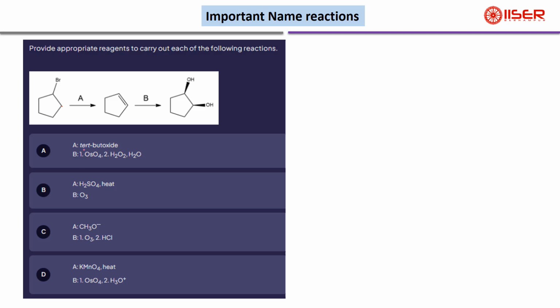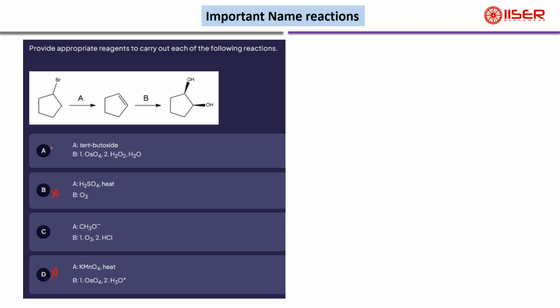H2SO4 will not be used because there is no OH. So for elimination of bromine, H2SO4 is not a good reagent, so option B is already cut. KMnO4 is also not possible for elimination of bromine.